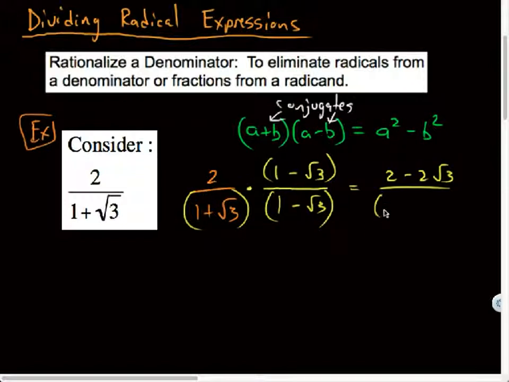So A squared would be the 1 squared minus root 3 squared, because that's the B squared. So this would be 2 minus 2 square roots of 3 over 1 squared is 1, and root 3 squared is 3.